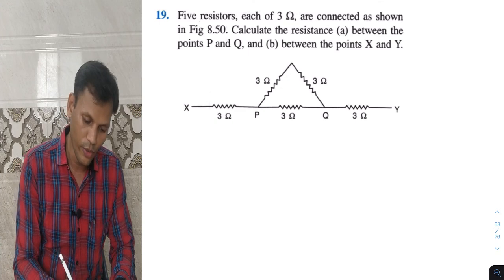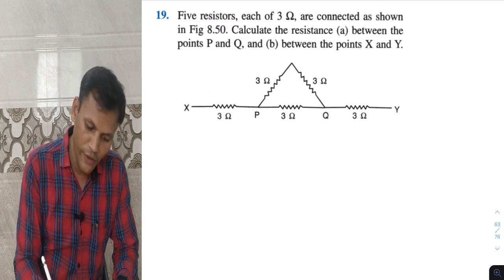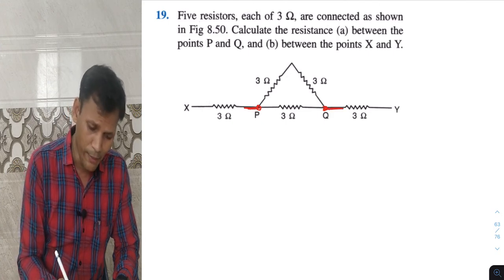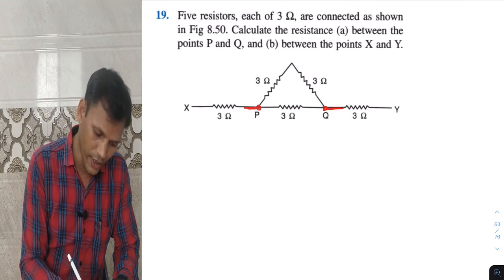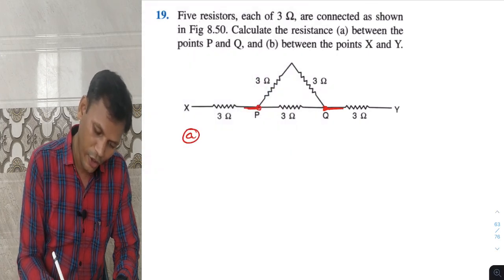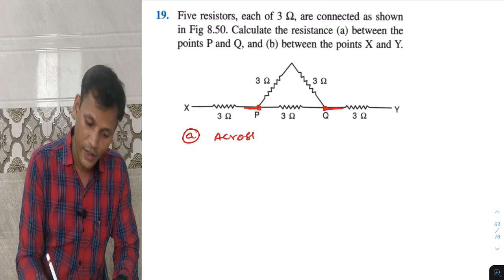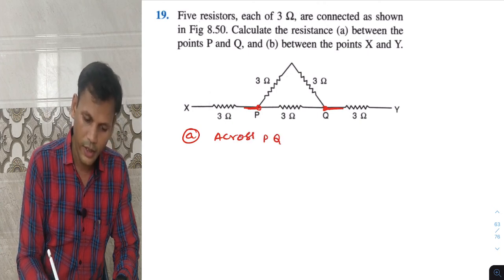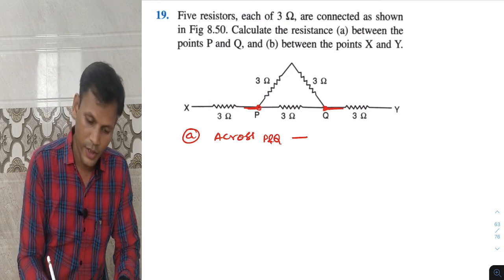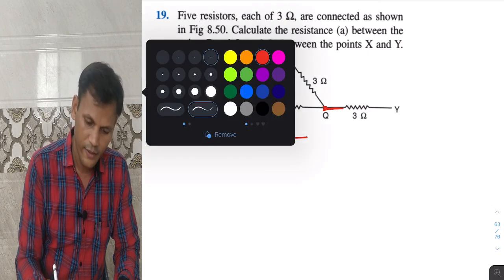Between P and Q, if we have to find out across this and this, I will do the A part. For the A part, that is across P and Q. So these two are in series.